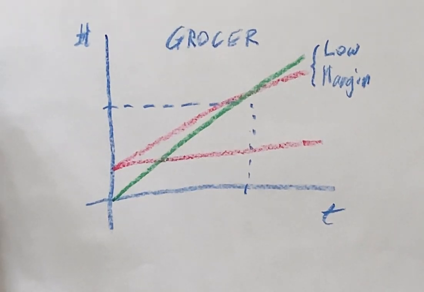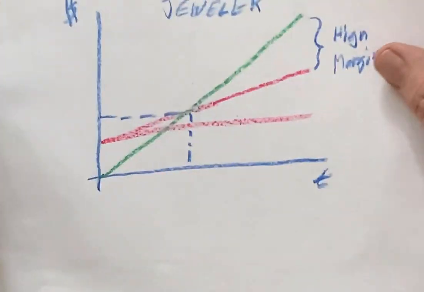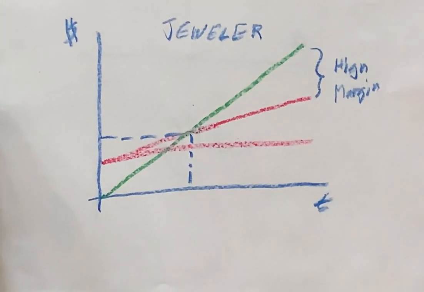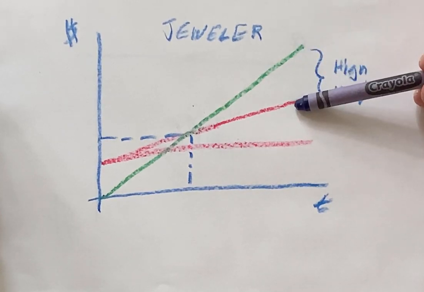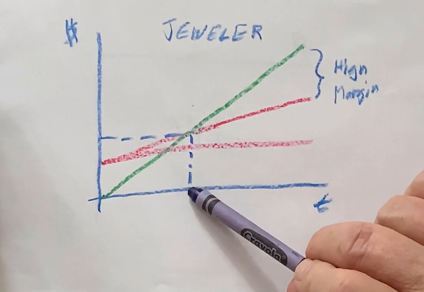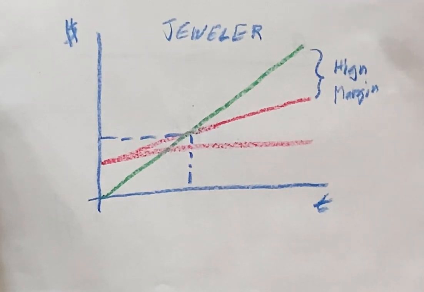Now there's nothing wrong with it, but they're going to have a lot of sales volume to make serious money. Here is the opposite end, what some call the jeweler model. The jeweler model, you might notice, has a much higher margin. And so they hit a break even much sooner. But they also have lower volume.